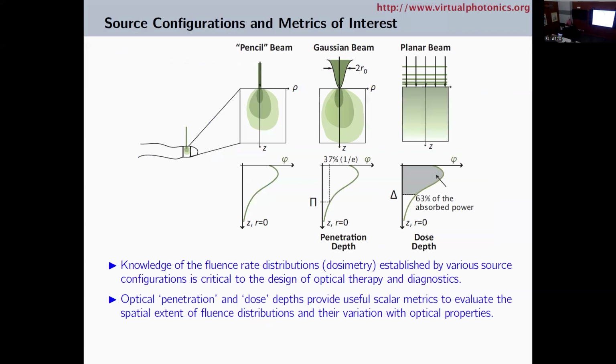Good. So now let's get out of the math and try to start to develop some intuition. So one vexing gripe that me and Scott had was number one, that the standard diffusion approximation didn't do a very good job predicting the internal light fields of collimated sources close to the source. You get horrible errors.